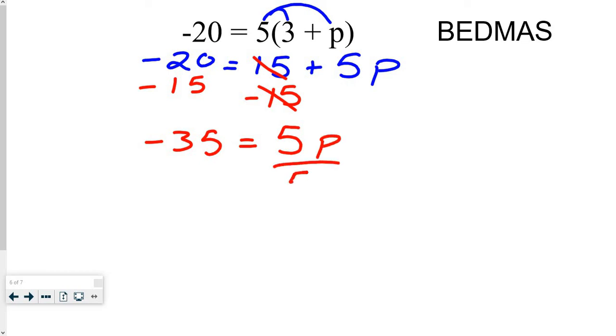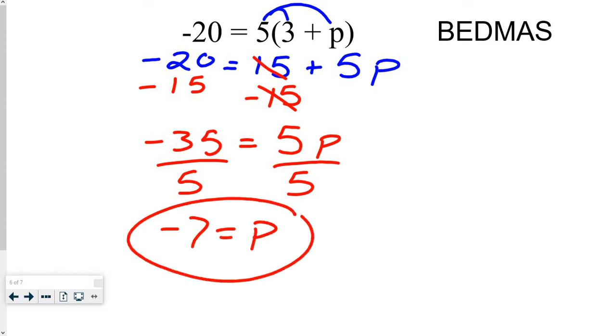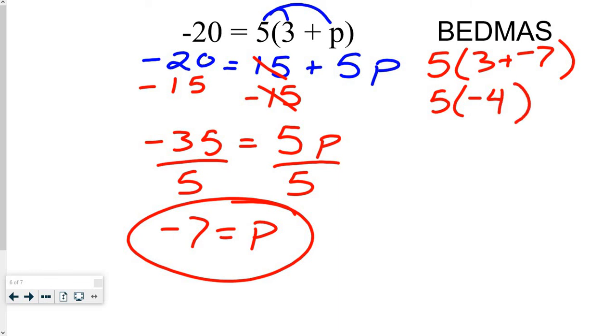We're going to divide by 5, we're going to divide by 5, negative 7 equals p. If we double check it, 5 times 3 plus negative 7, 5 times negative 4, negative 20 equals negative 20. We are correct.